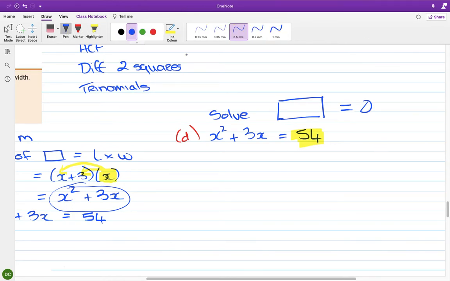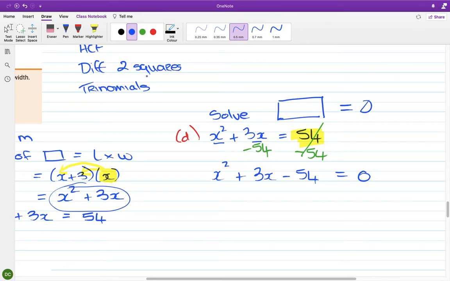So you can solve them when they don't equal 0, but that's fine because we know how to move 54. We just minus 54 to cancel and minus 54 for balance. Now, look here. So I have an x squared, I have an x, and now I have this 54. None of them can be added together, so I just leave it separate. So x squared plus 3x minus 54, and now 54 minus 54 is 0. Now I can solve it.